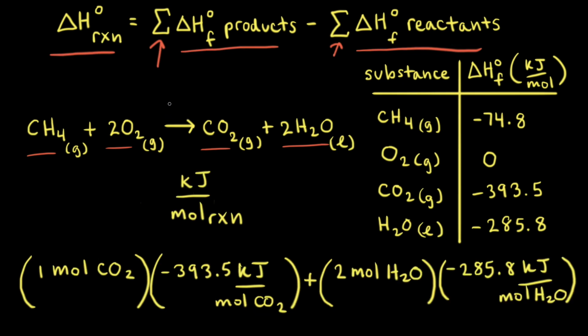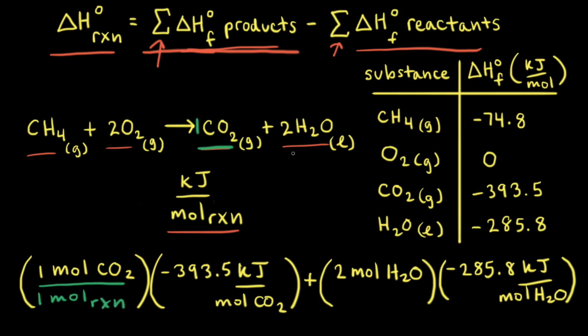Let's go back to the step where we summed the standard enthalpies of formation of the products to see how we could actually get kilojoules per mole of reaction as our units. To do this, we need to use a conversion factor. For how the equation is written, we're producing 1 mole of carbon dioxide. So we can use as a conversion factor, there's 1 mole of carbon dioxide per 1 mole of reaction.